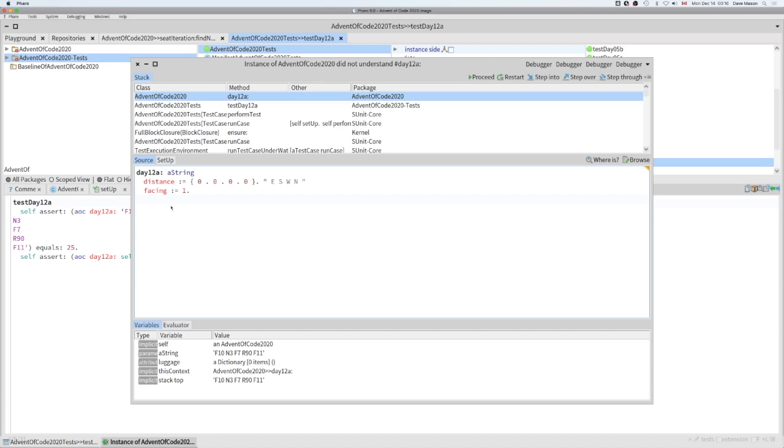Okay, so now we are going to take our string and get the lines from it, and we're going to iterate over those.